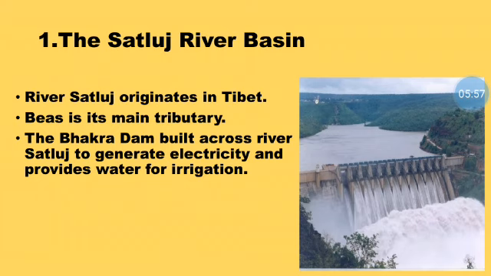Dams are built to prevent the flood which occurs in the Satluj and the Beas River Valley, and also to provide irrigation to the adjoining states, and also to produce hydroelectricity. That's why this Bhakra Dam was built across the Satluj River. See, this is the Satluj River. Across the Satluj River, they have built the Bhakra Dam. You can see in this picture.